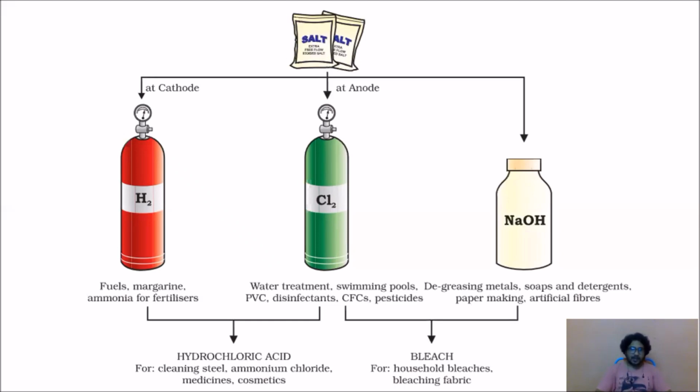Minus, I mean negative, always will be attracted to positive. So Cl2 minus attracts toward anode. While coming to hydrogen, it is plus. Just you can consider that it attracts to cathode, negative terminal, and NaOH is formed. And we have uses of these.